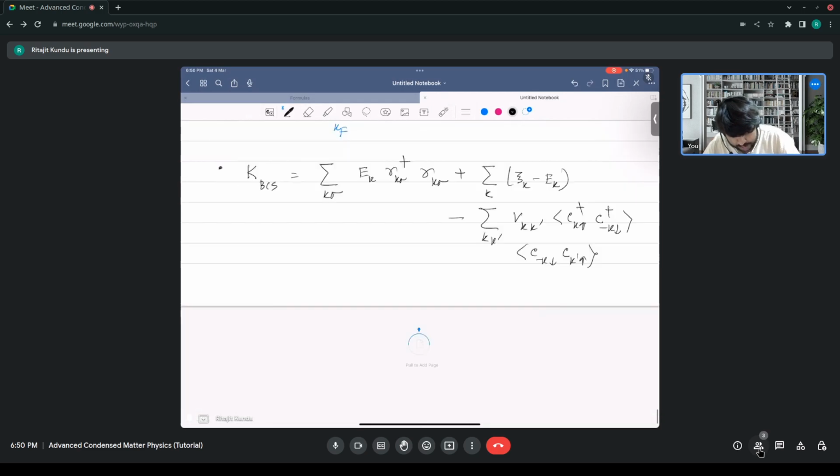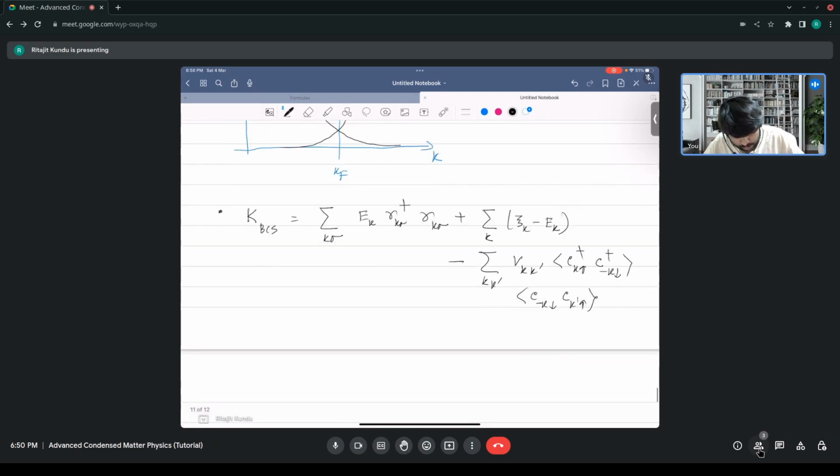And I told you that if I am looking at the ground state energy, E0, then I'll throw this away. Why? Because my ground state energy is defined in terms of the ground state expectation value of this H BCS. The definition of these gammas, or of the ground state, is that it annihilates the ground state if you act with gamma_k.